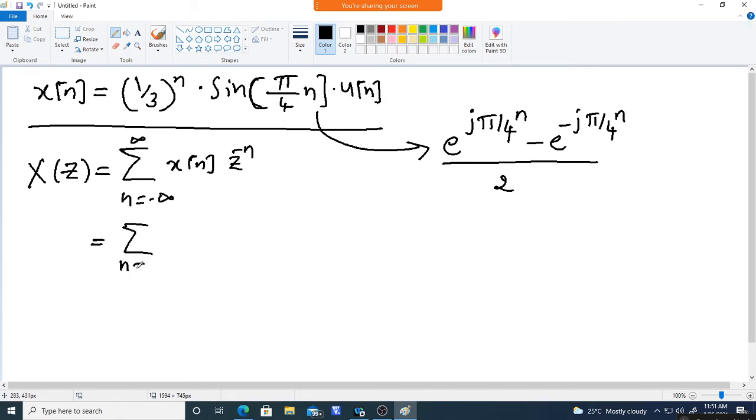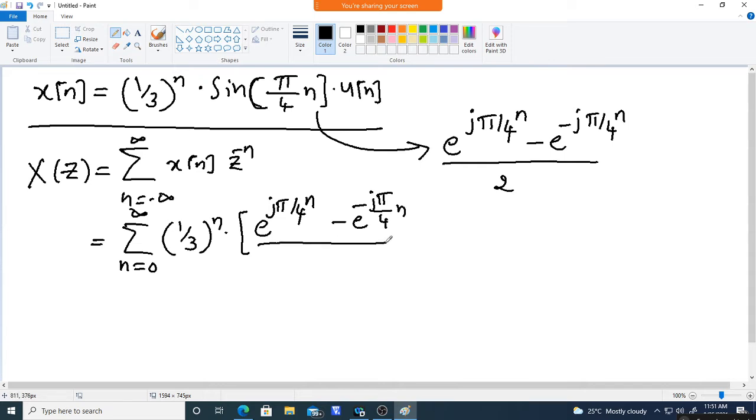So n equal to 0 to infinity, 1 by 3 power n into the sinusoidal signal, which I am writing in terms of e power j pi by 4 n minus e power minus j pi by 4 n, divided by 2j, into z power minus n. Now I can split the signals with plus and minus sign.